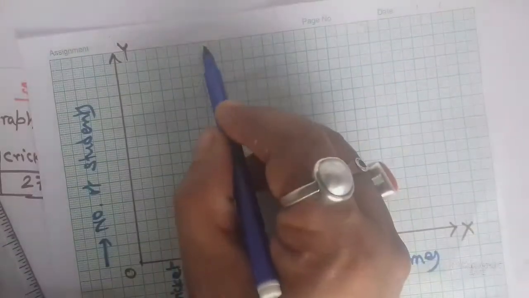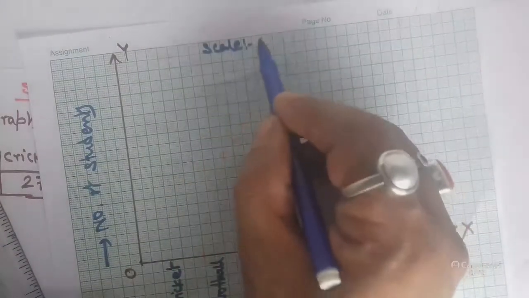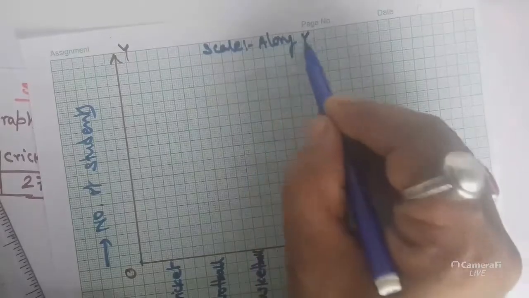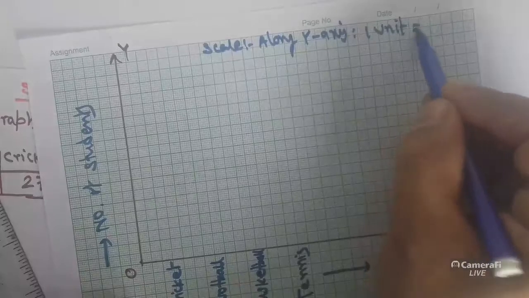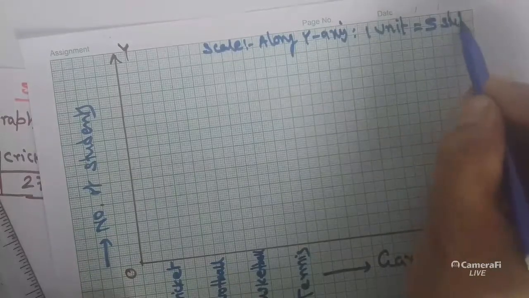So we have to choose one suitable scale. Here we take the scale along the y axis: 1 unit is equal to 5 students.